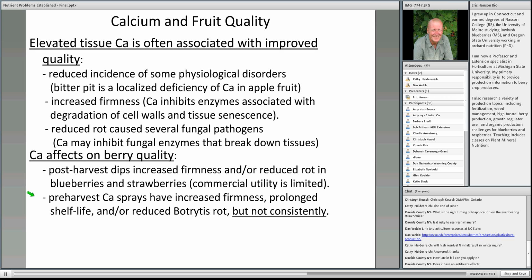These effects are seen sometimes and they're not seen other times. So this is another one where there's no clear answer for growers. I'd advise people, if they're interested in working with calcium sprays, again, go back to that rule of thumb. Try to make sure that you're leaving untreated areas so that you can tell whether your treatment actually did some good.